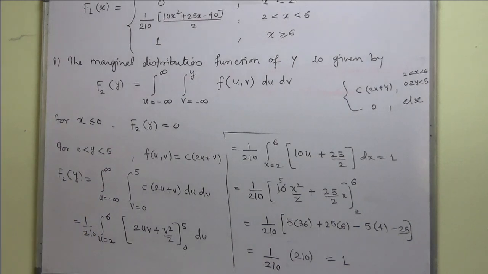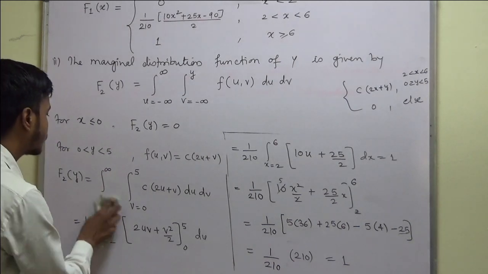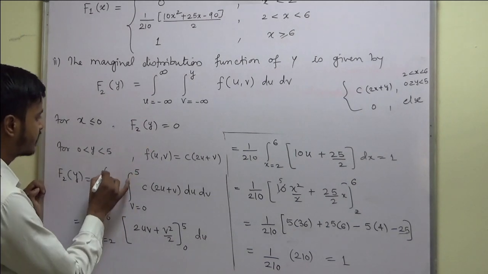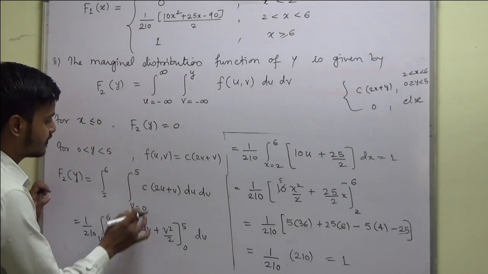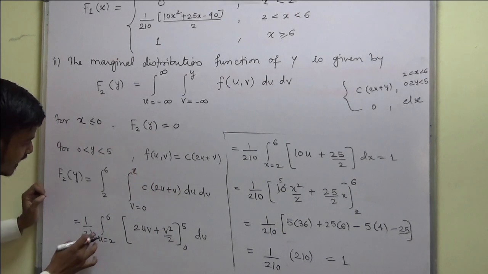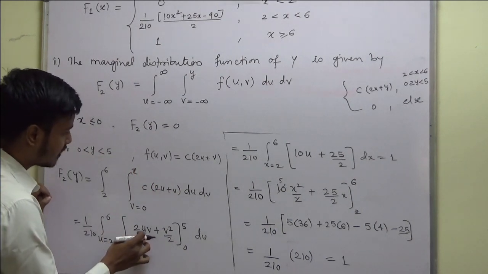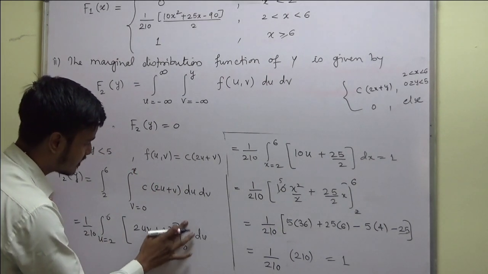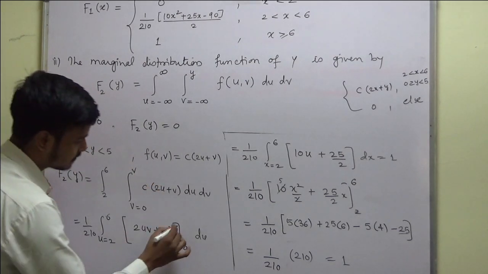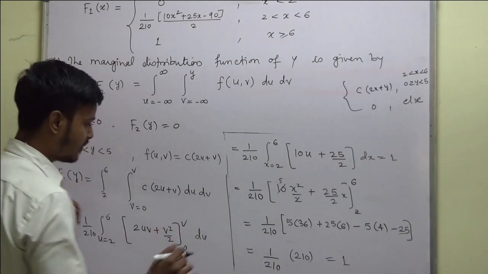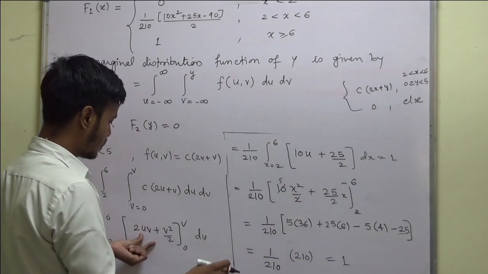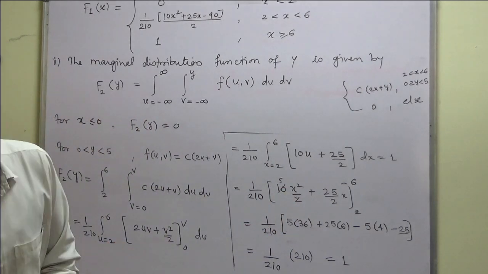For the range we have the values 2 to 6, 0 to 5, so this would be c times 1 by 10, integral from 2 to 6 of 2u y plus y square by 2, du.